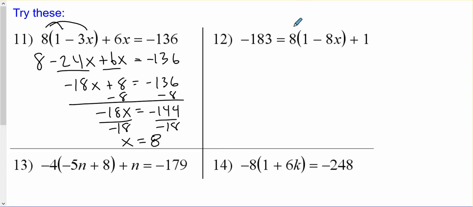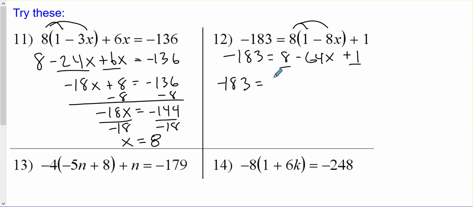12, same thing, we need to distribute first. Negative 183 equals 8 minus 64x plus 1. Well, we've got like terms 8 and 1. Negative 183 equals negative 64x plus 9. We've got multiplication with our variable and addition, so we're going to undo the addition first by subtracting 9.